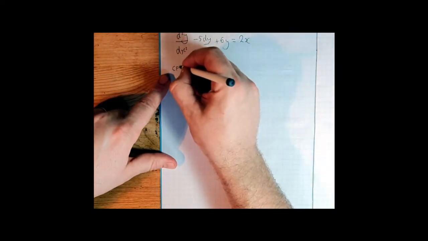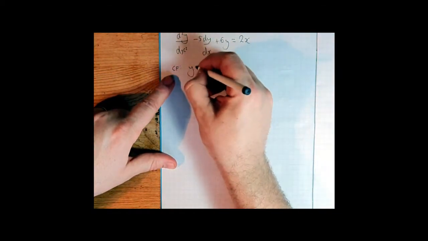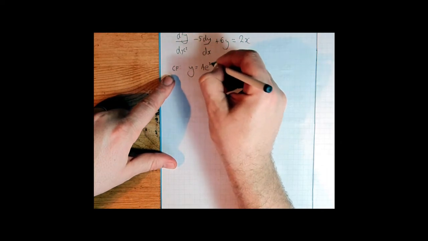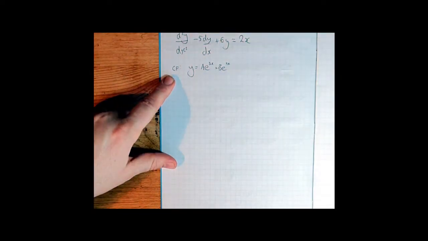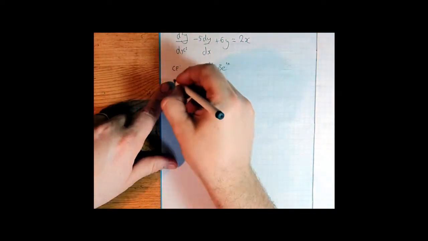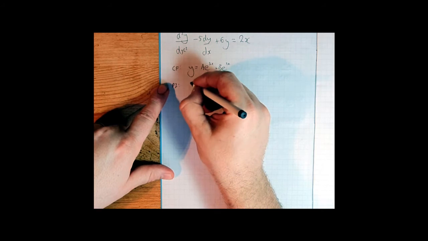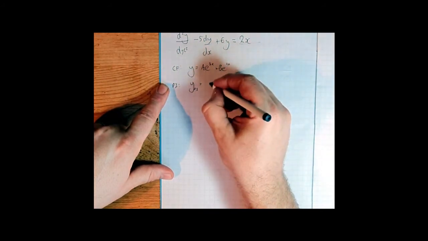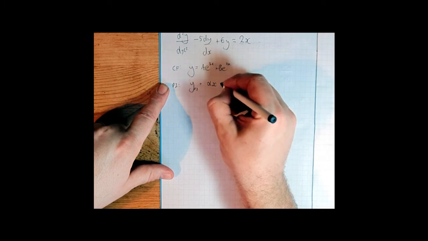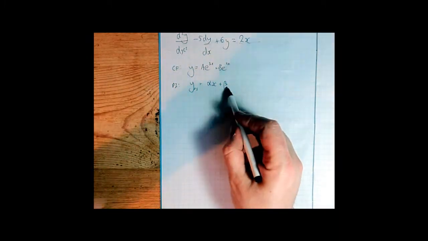Again, I already know the complementary function. I don't need to do this again. Ae to the 3x plus Be to the 2x. I don't need to go through that rigmarole again. It's exactly the same as it was before. But for the particular integral, I'm now going to try a linear function of x. And don't forget, that includes a constant.